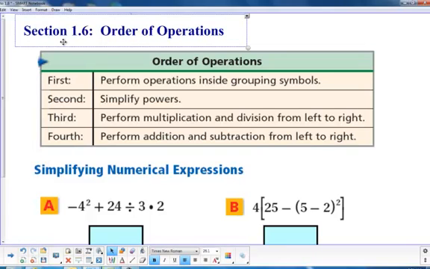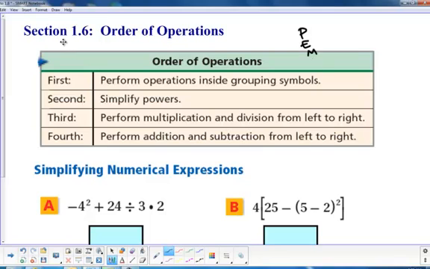In the order of operations, if you remember PEMDAS, or please excuse my dear Aunt Sally, you're going to do parentheses first, and then exponents, and then multiplication and division, and those kind of link together from left to right, and then addition and subtraction, again linked together from left to right.